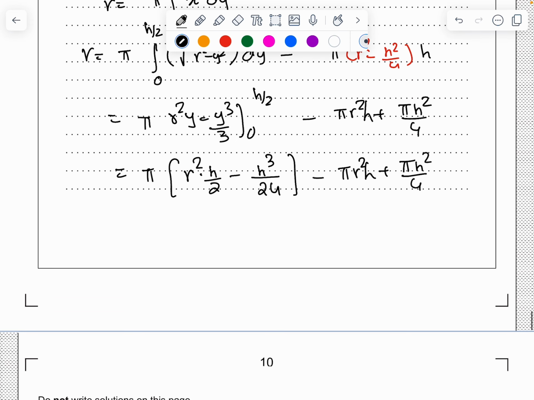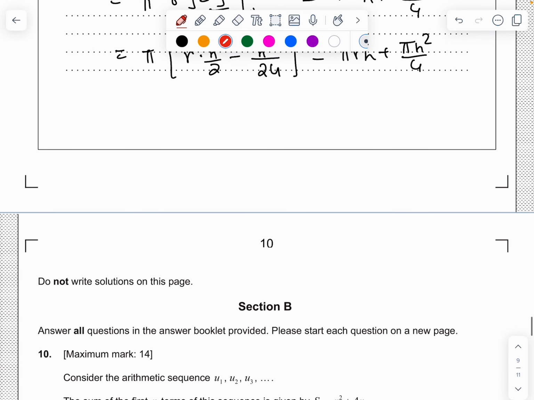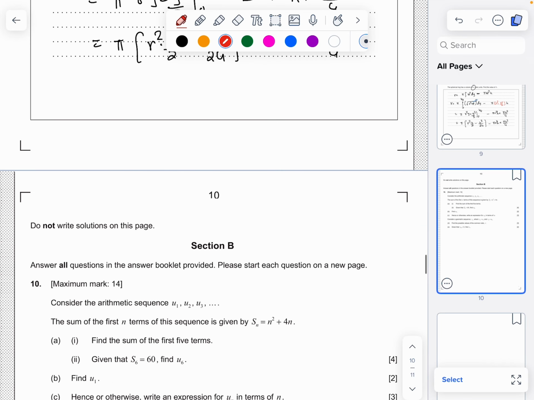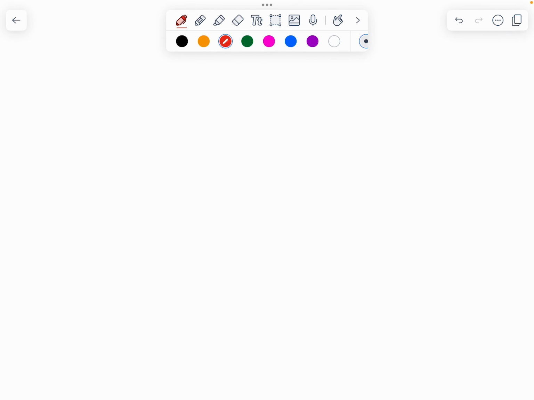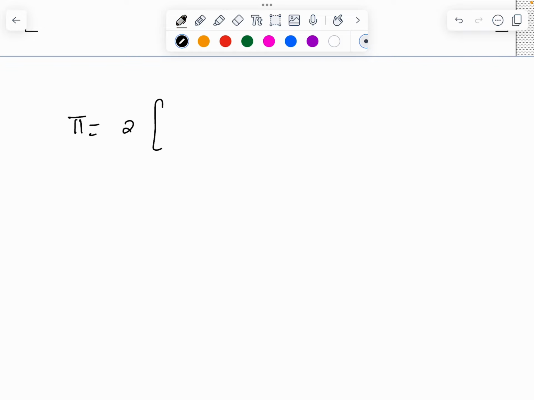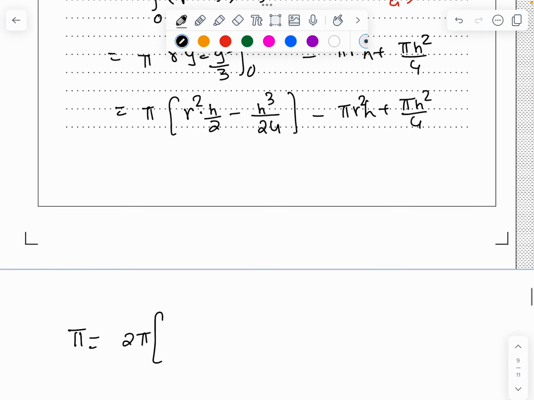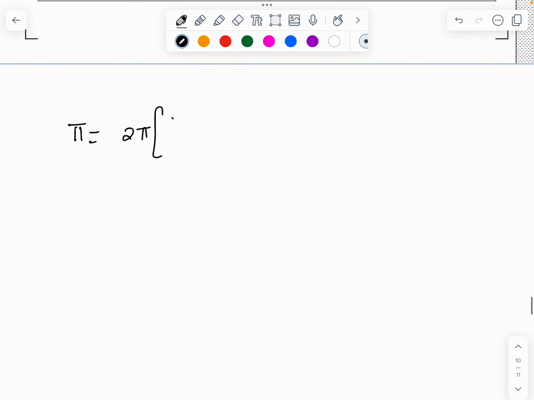Now, this is only for the top part. So total volume will be equal to, the top part and the bottom part total volume will be the same. So pi equals 2 times this entire thing, which is r square h upon 2 minus h cube upon 24, minus pi R square h plus pi h cube upon 4.